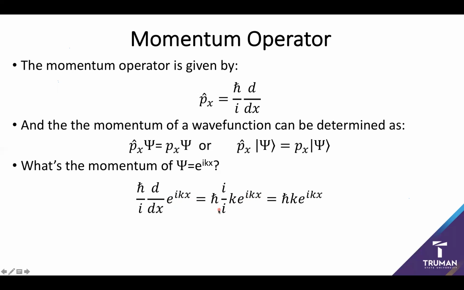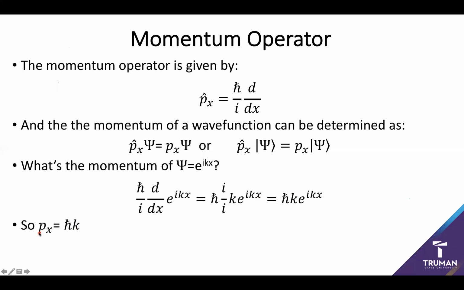And here we are lucky into this wonderful scenario where we have i over i, which is just 1. So we're left with h bar times k e to the ikx. And this is actually quite nice, because the whole idea is that my eigenvalue should just be my wave function times a numerical value. Here my numerical value is h bar k, which means the momentum of the system is h bar k.